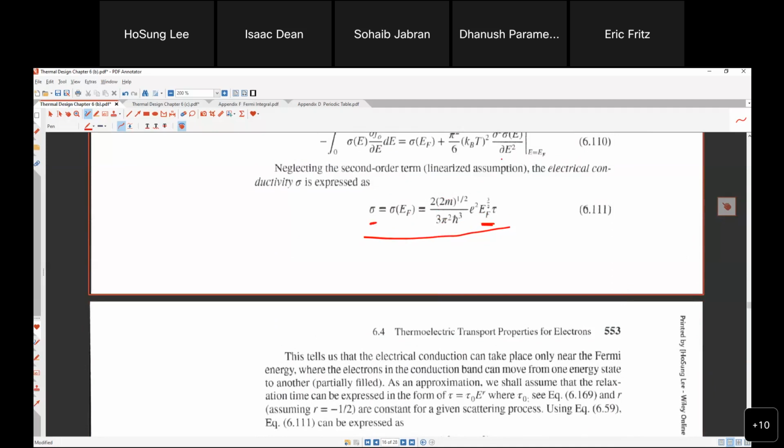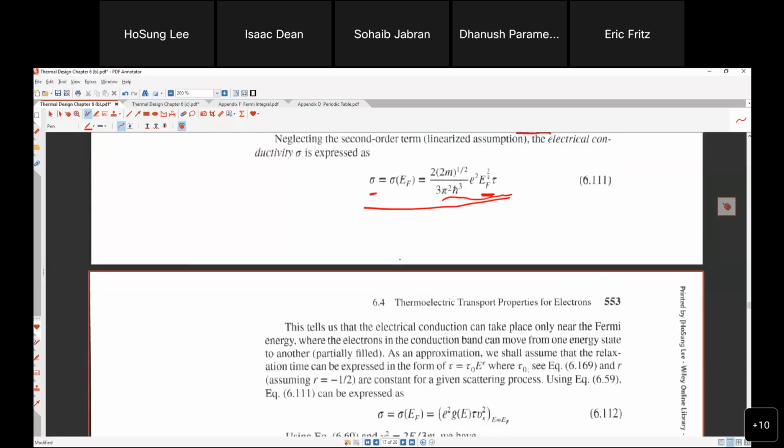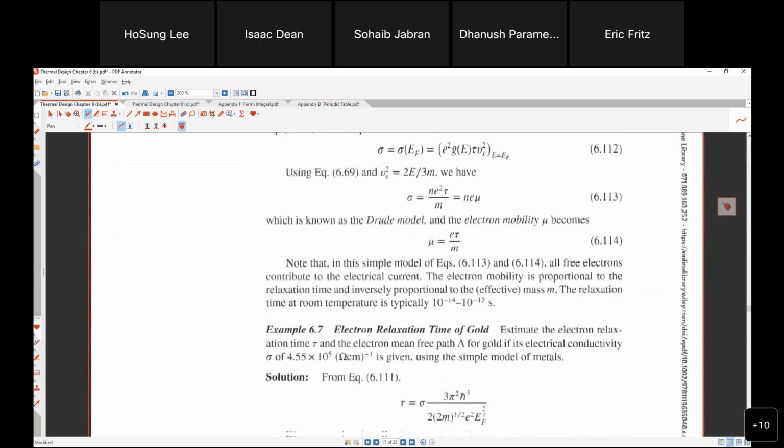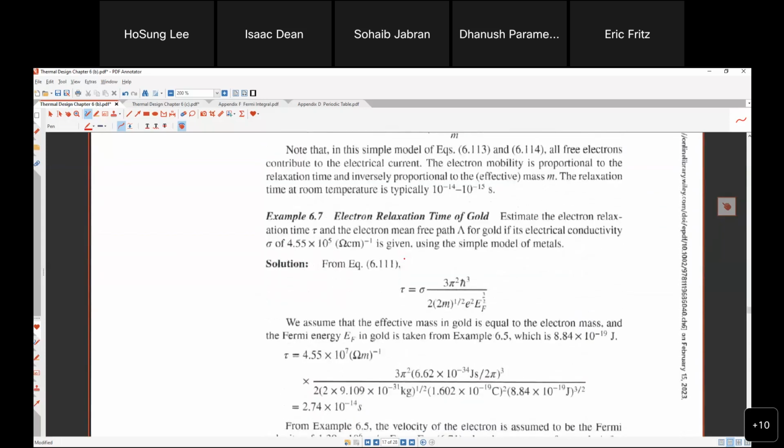Actually, near the Fermi energy is most important. So using the Fermi energy, we're able to define the conductivity. Okay.